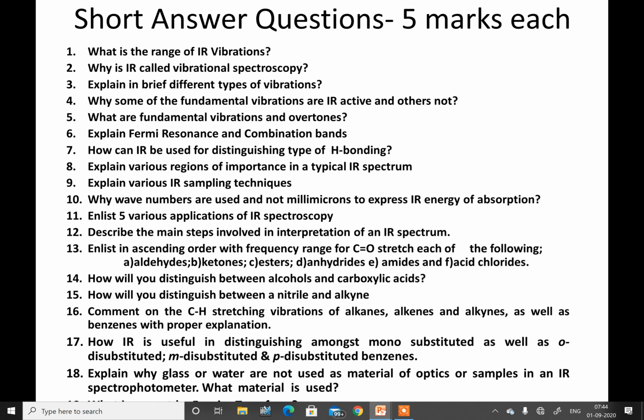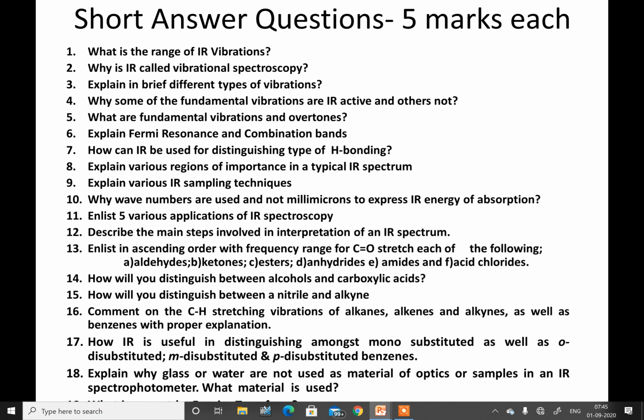You have to explain why it is called. Different types of vibrations you have to express. Why some of the fundamental vibrations are IR active and others are not? You have to discuss the dipole moment concept. What are fundamental vibrations and overtones? You have to discuss, including the degrees of freedom and Fermi resonance and other things. Explain Fermi resonance and combination bands.